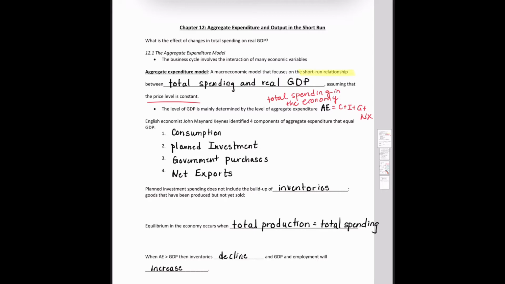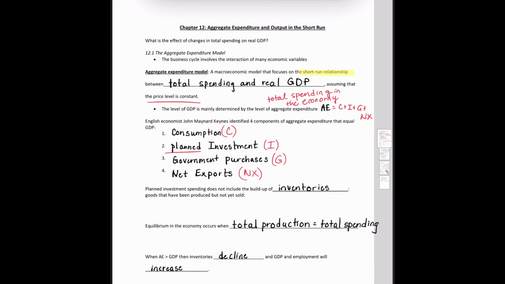Again, we have consumption here, investment, but here we have planned investment as I, government purchases as G, and net exports as NX. Remember, net exports is value of exports minus the value of imports. Aggregate expenditure is the sum of these 4 components.